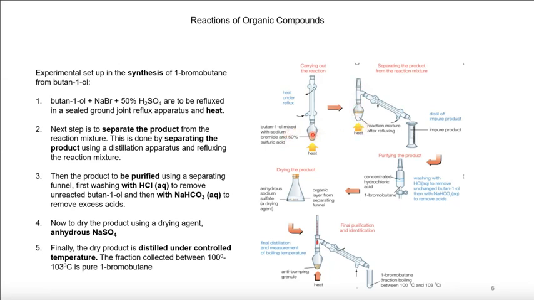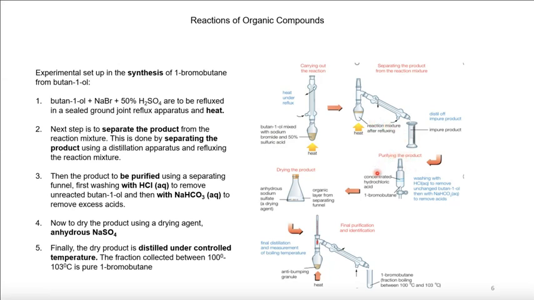From this mixture, after heating, when it is refluxed, we heat this and distill the impure product, and therefore we can purify the product we call 1-bromobutane. And how do we purify?